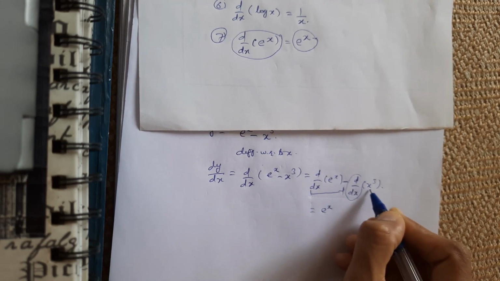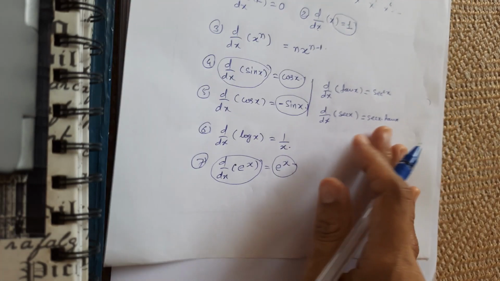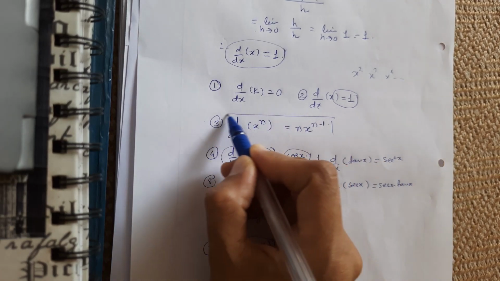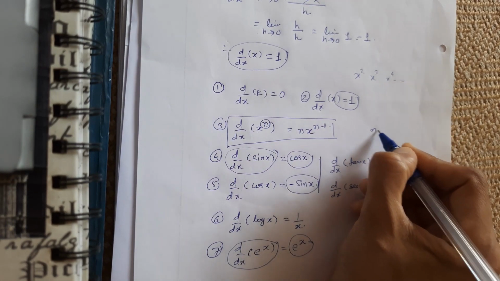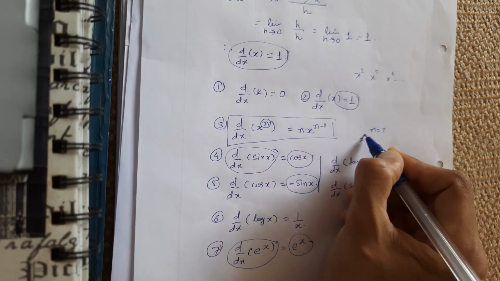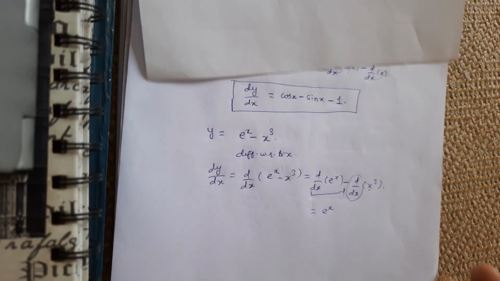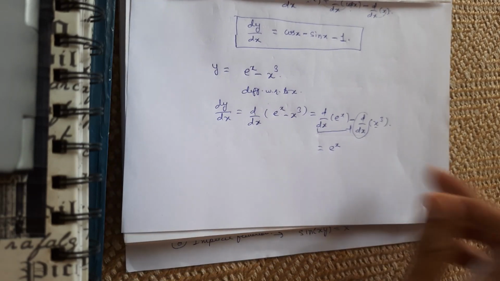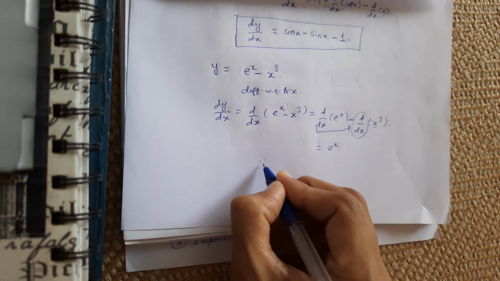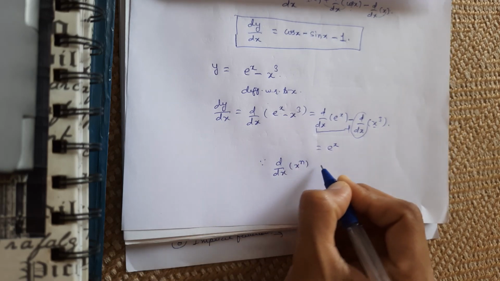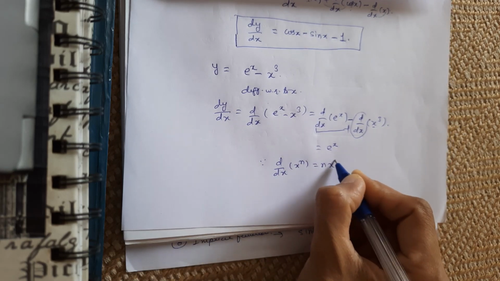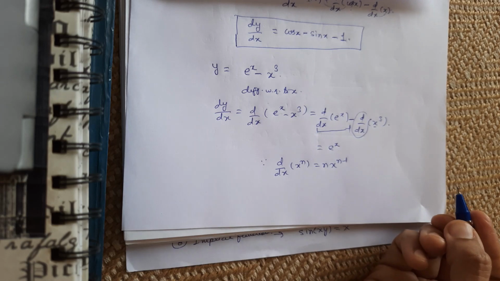Now the derivative of x cube is the standard function of this type where n is 3 here. I will show separately how I find this value, since d/dx of x to the power n is n x to the power n minus 1.